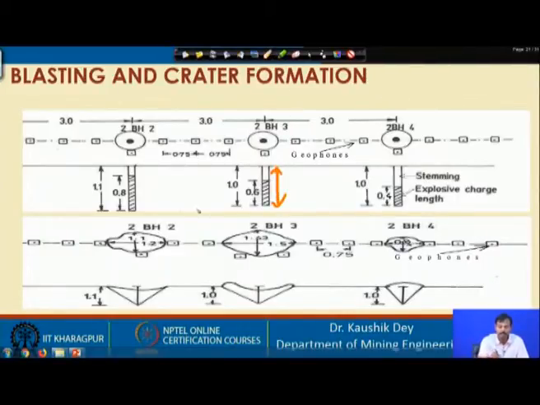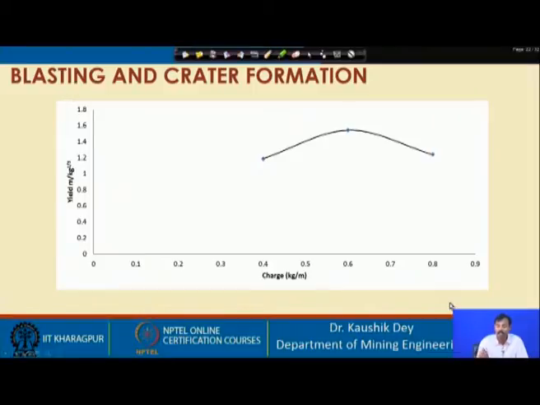and varying charges of 0.6 kg, 0.8 kg and 0.4 kg are used, and we have found that different crater volumes are obtained, and from there we are able to identify the optimum one. So, that gives us the middle one, that is 0.6 kg, yielding a better crater than 0.8 kg and 0.4 kg.